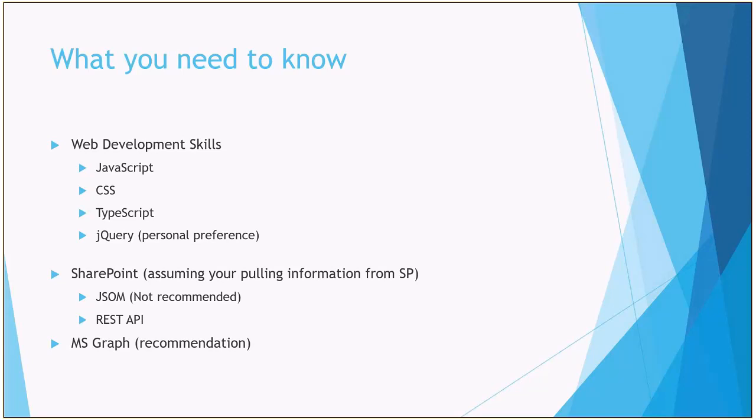And then other things you need to know, SharePoint is a very good one. You're here at the Office 365 SharePoint users group, so you probably have a good idea about SharePoint. And with that, you've got the JavaScript object model. That is no longer recommended, or really hasn't been recommended. I don't know that they're saying they're officially deprecating that yet, but they're not putting as much effort into the JSOM anymore.